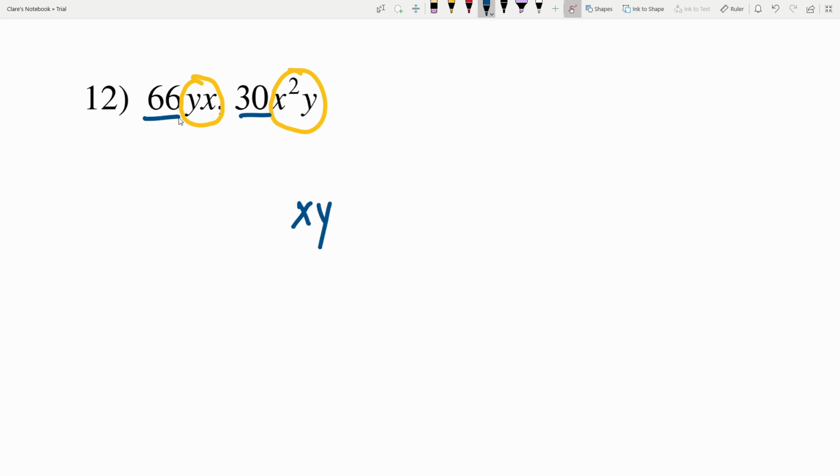Now I just got to look at those numbers, 30 and 66. Writing out the factors of 30, that would be 1, 2, 3, 5, 6, 10, 15, and 30.